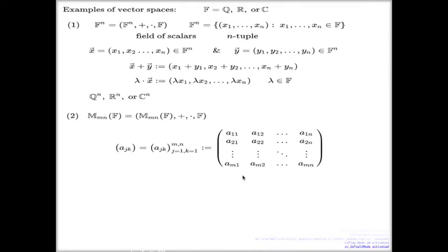Now back to the vector spaces. All the matrices together. So this symbol, capital M, subindex Mn, and the field inside, represents the class of all matrices, the collection of all matrices, if you wish, such that the entries come from the chosen field of scalars.